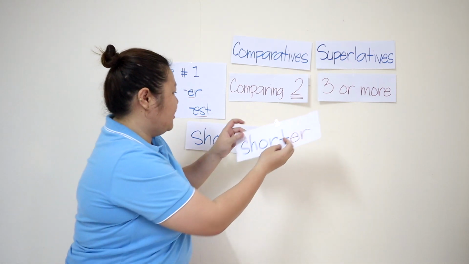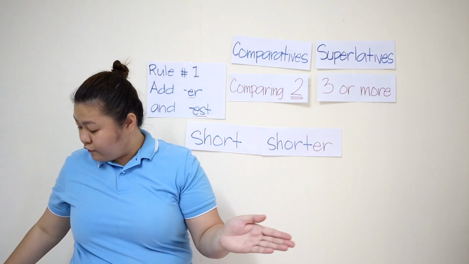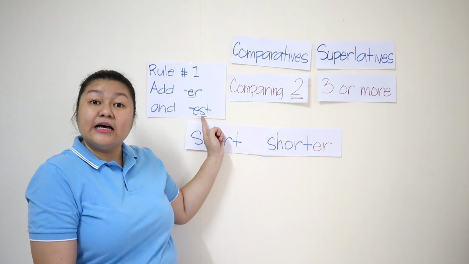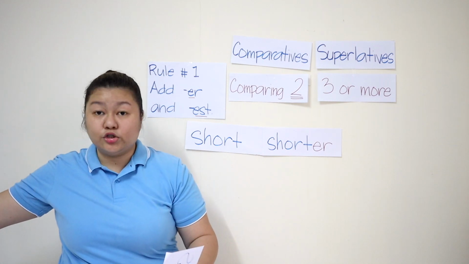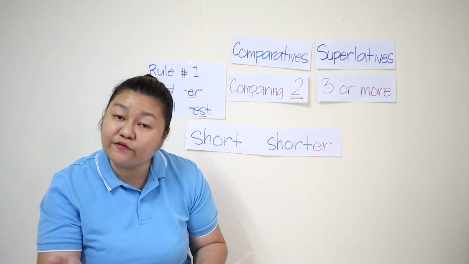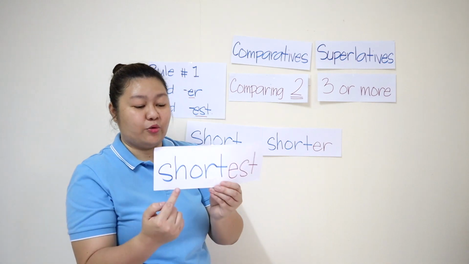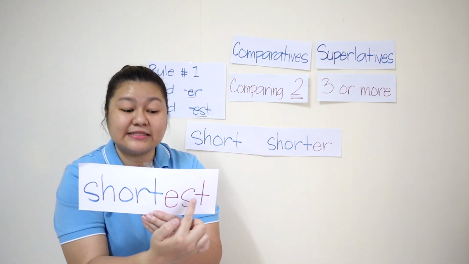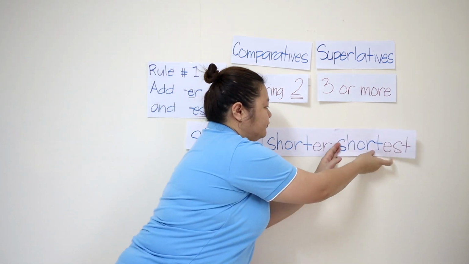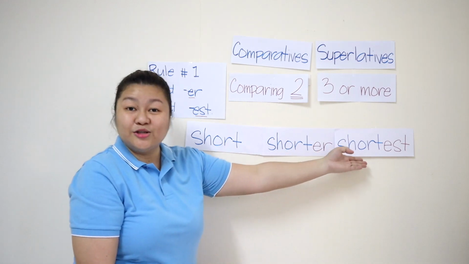And for the superlative form, we add EST. So short and then we add EST, it becomes shortest. So short, shorter, shortest.